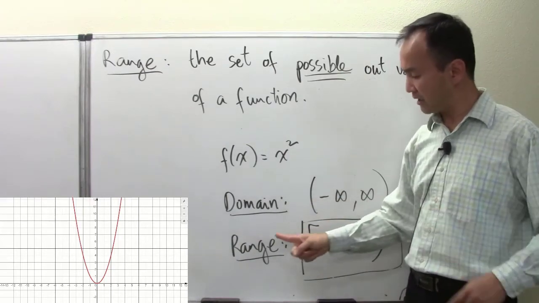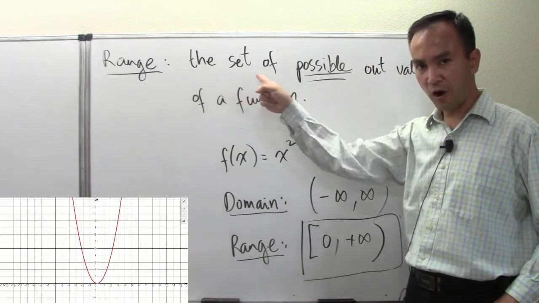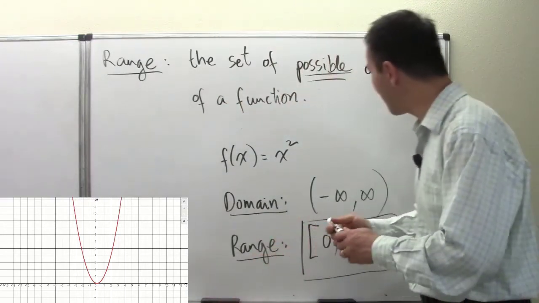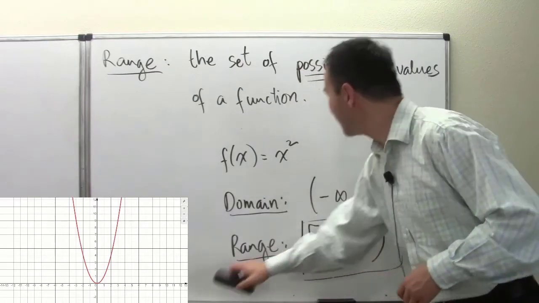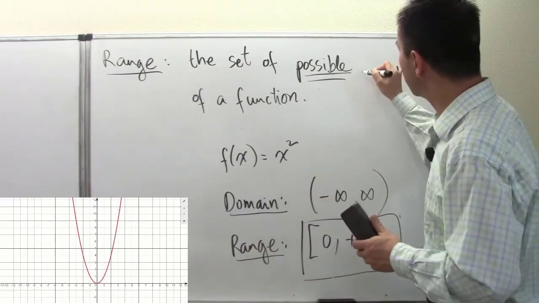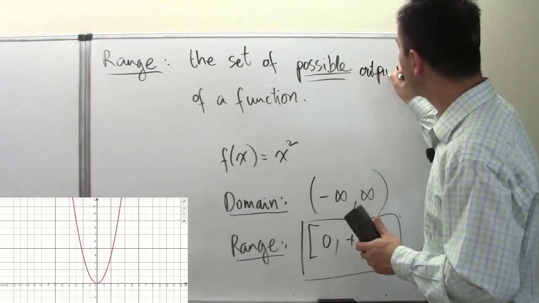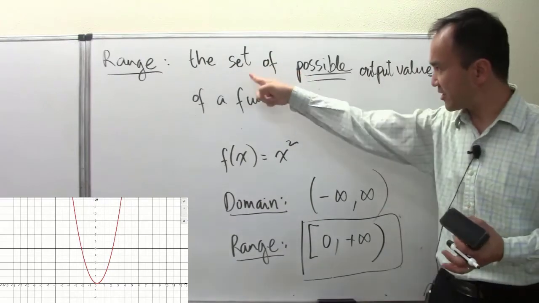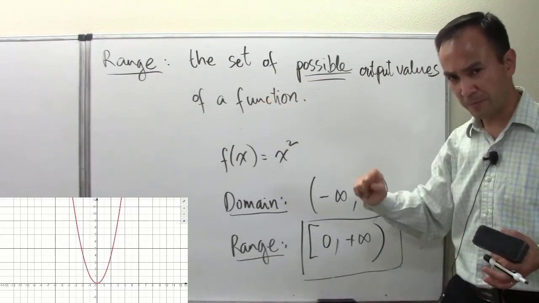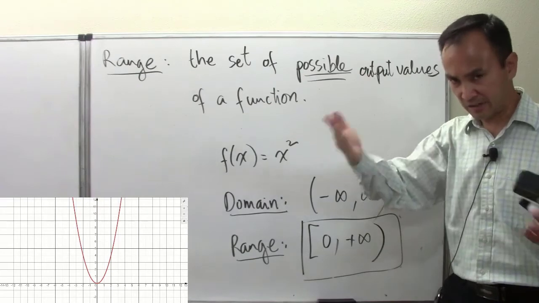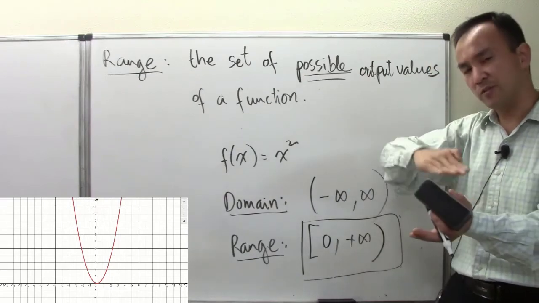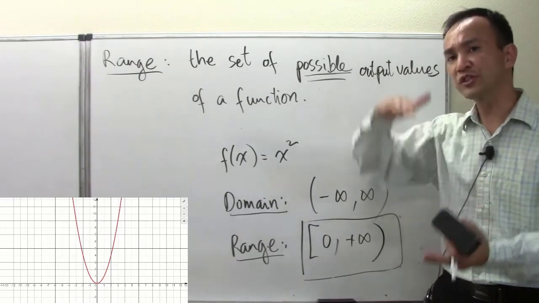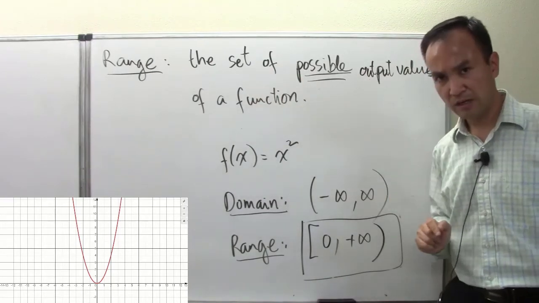So in this way, the range is defined as the set of possible output values of a function. I just noticed that I had a little typo here, but I meant outputs, output values. So the range is a set of possible output values of a function. Outputs are placed on the vertical scale. And the range is like a whole zone, the set of possible output values.